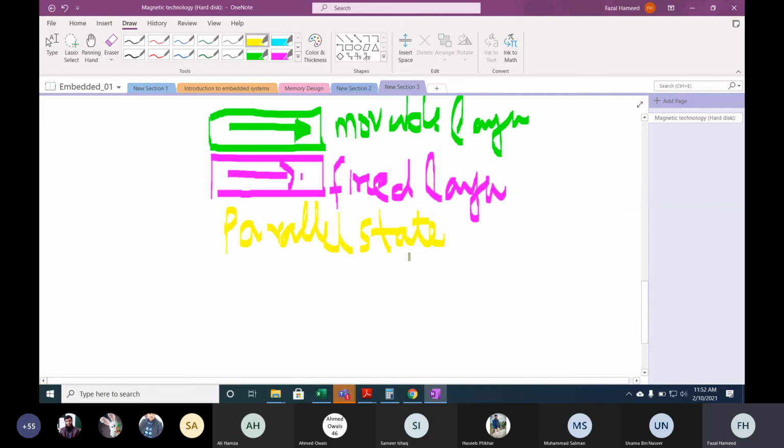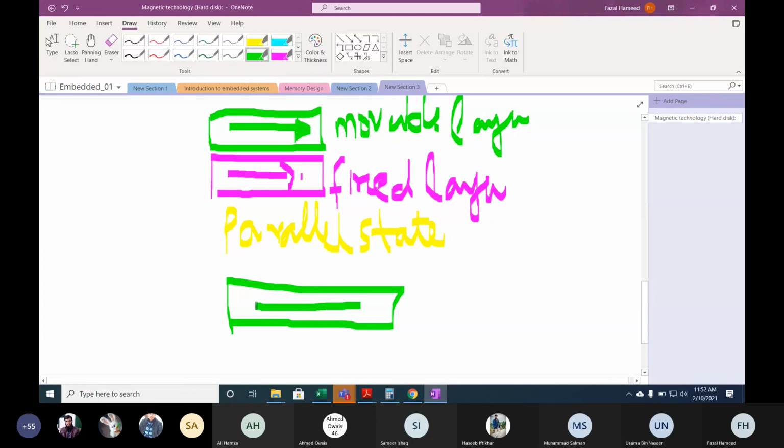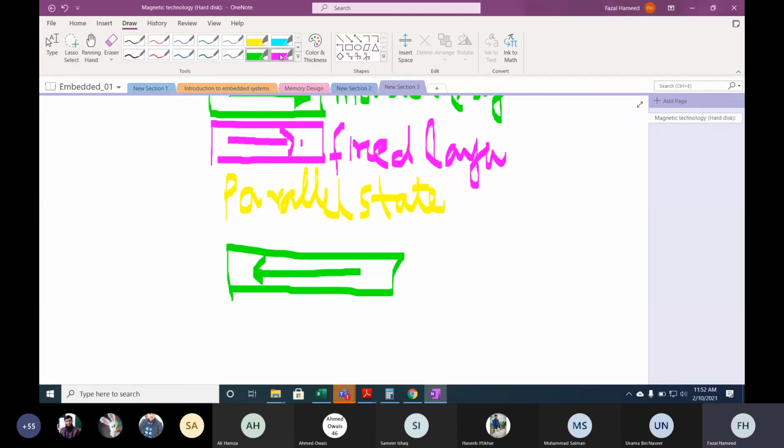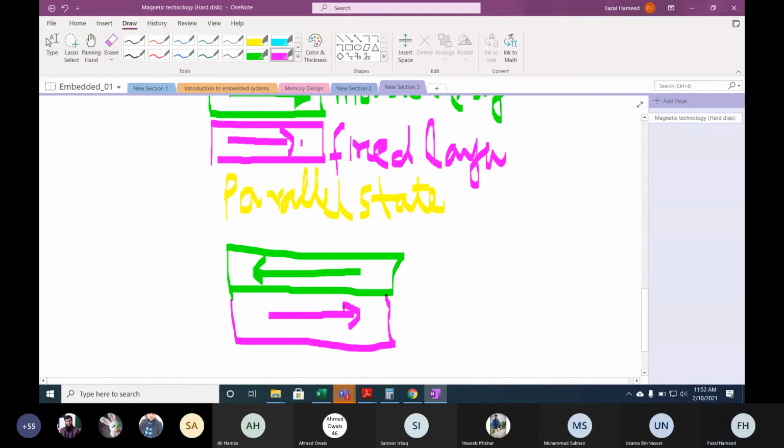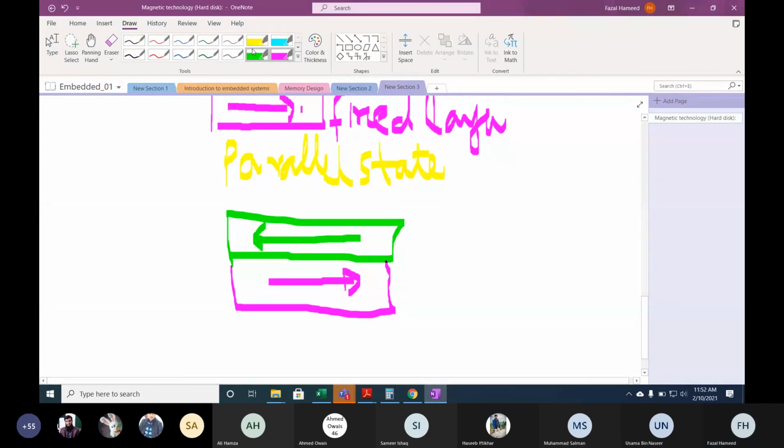What about another state? Now we have another state. The fixed layer's magnetic orientation is fixed. So what is this state called? Anybody?